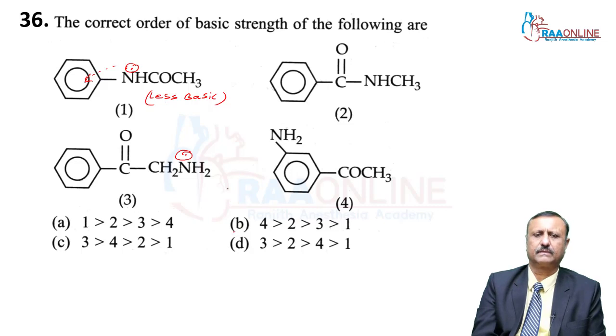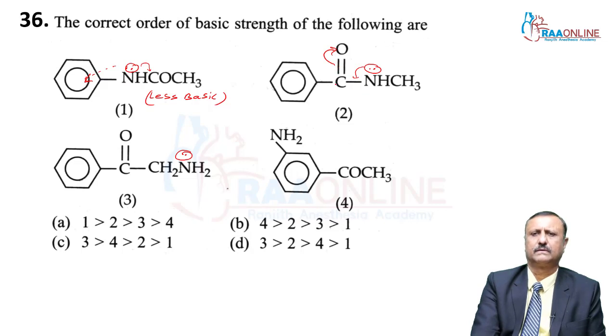Now we can see the second point here. This lone pair of electrons is resonating, going into this form, and that's where resonance occurs. Resonance is also present in this form, NH-COCH3, but here the nitrogen atom's lone pair goes only in one direction.